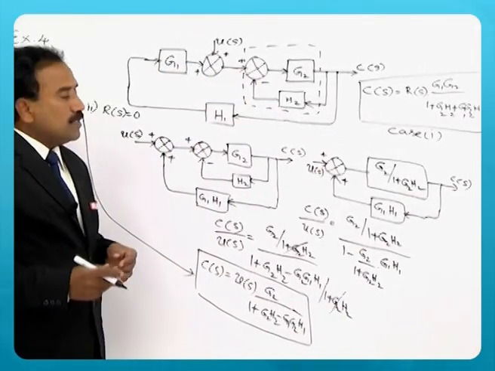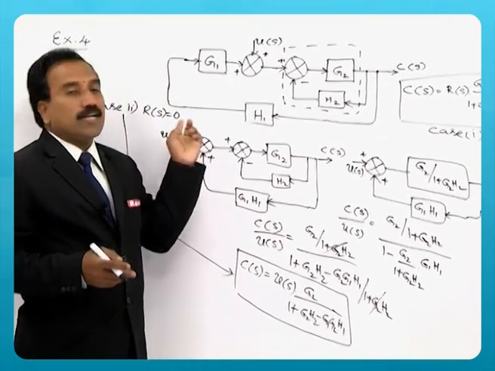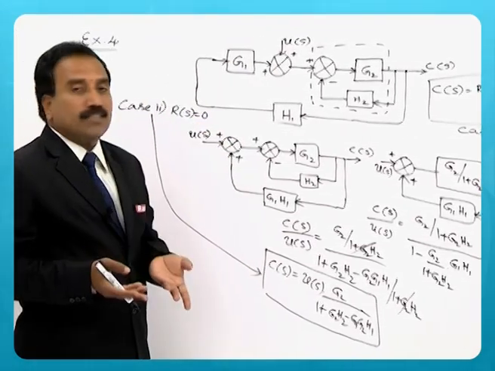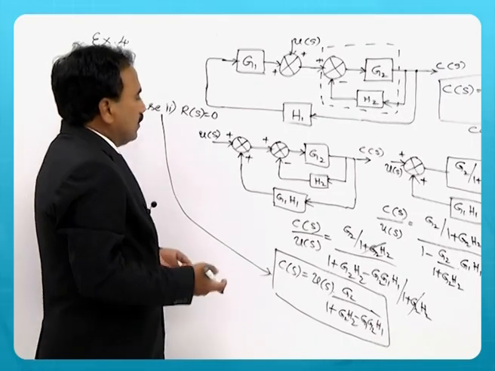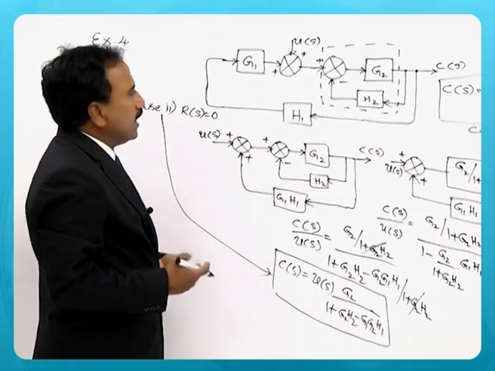So now what is C of s? When both the sources are acting simultaneously, you need to add them. So C of s, case 1 and case 2, you must add.